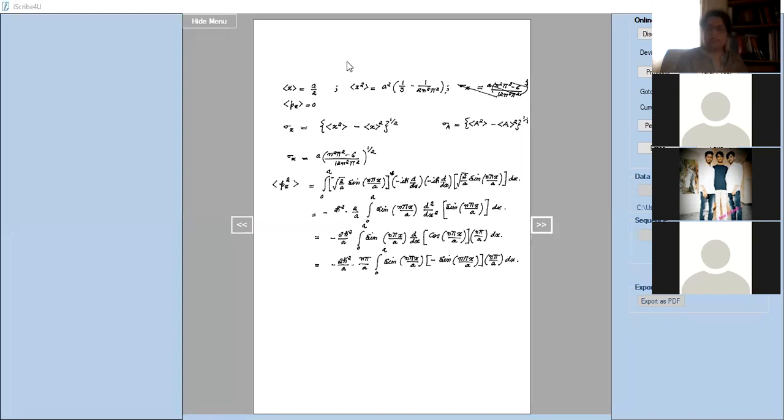I hope I've got the right thing. That's some easy stuff. Okay, so essentially it gives us a plus 2 h cross squared by a into n pi by a whole square integral 0 to a. Right?